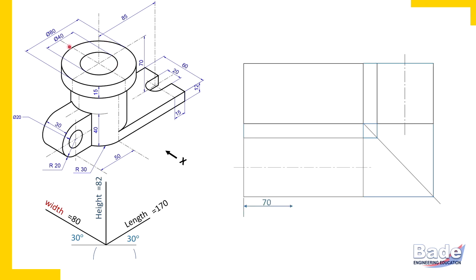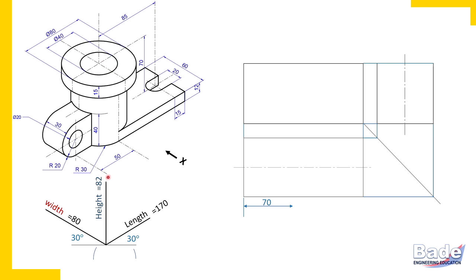Now I am drawing here this cylinder. This cylinder has diameter 80 millimeter, that is radius 40. Now to draw that circular disc, or cylindrical disc, it's not a semi-cylinder, it is a cylindrical disc. Now from the center, so where is the center in the top view?